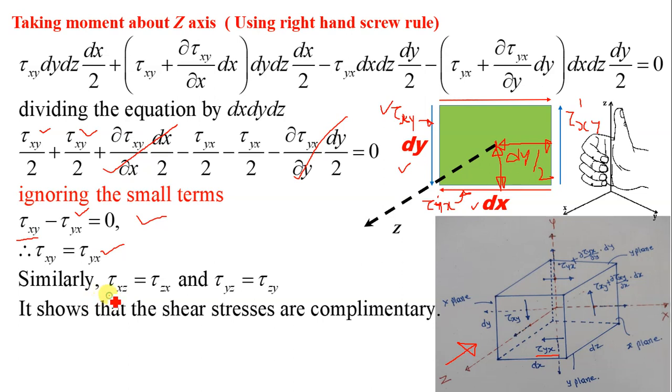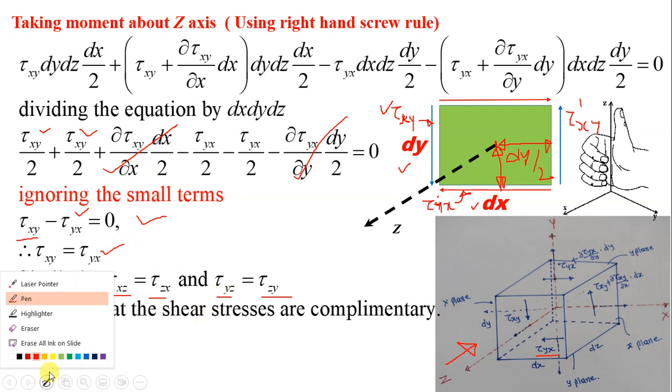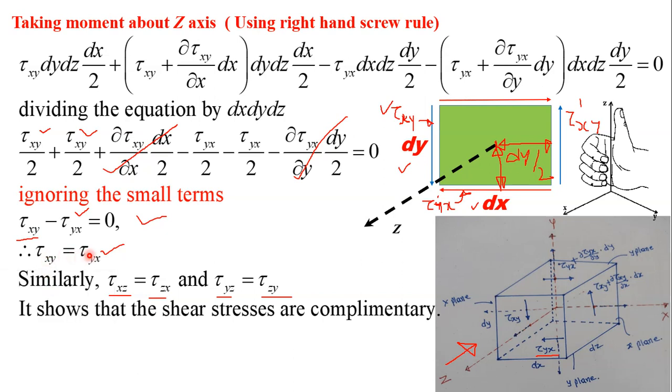Similarly, we can derive tau xz is equal to tau zx and tau yz is equal to tau zy. Remember, when you take moment about z axis, you will get relationship between tau xy and tau yx. When you take moment about y axis, you will have relationship between xz and zx. When you take moment about x axis, you will have relationship between yz and zy.